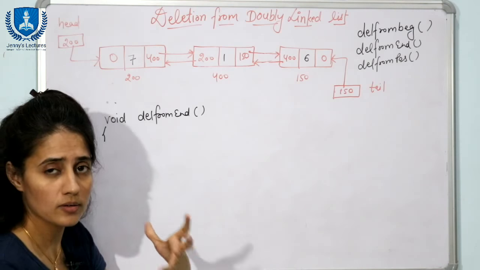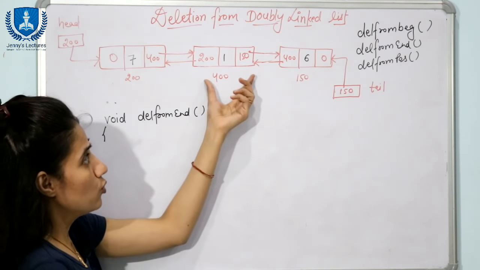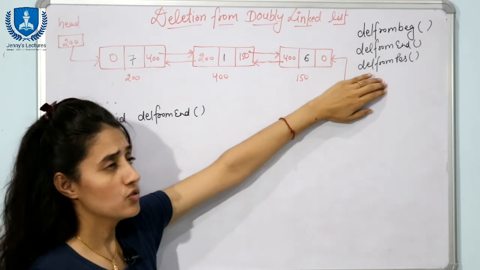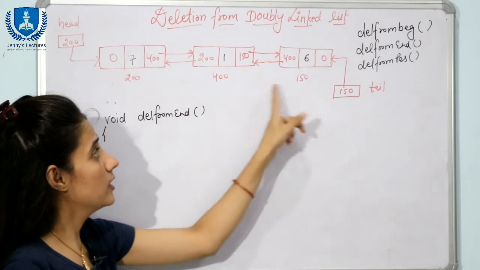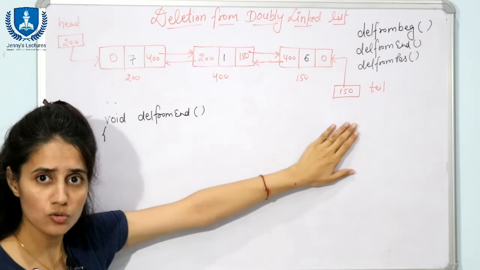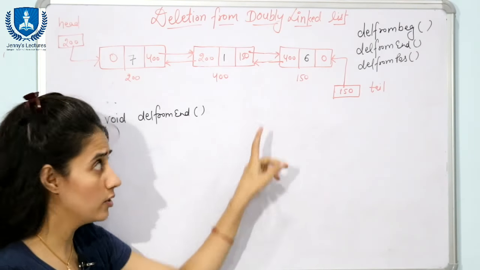We need some pointer variable or some structure variable. So in a singly linked list, if you don't maintain the tail pointer, then you will have to traverse the list till here. After that you can delete this data, but we already have a tail pointer pointing to this node. Now there is no need of traversal. Order of 1 time would be taken for deleting this node.